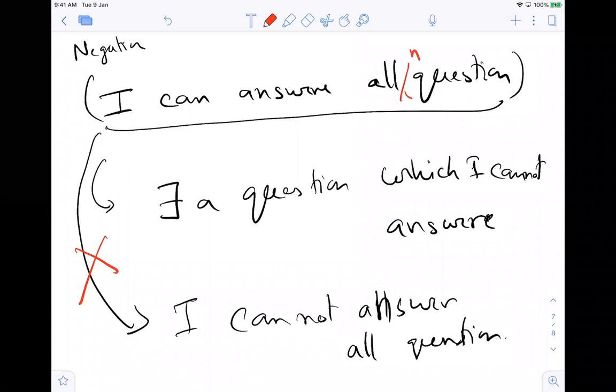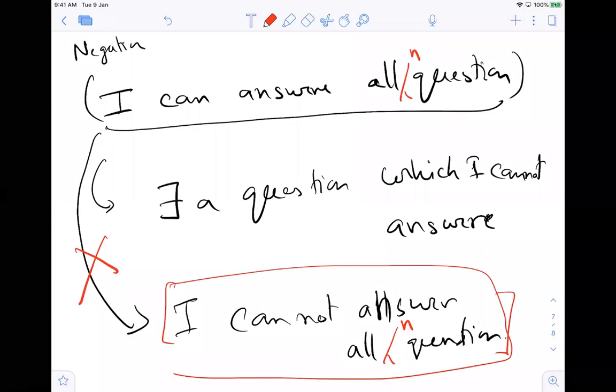If you say that I cannot answer all n questions, this possibly makes sense because this is like an English sentence, and this is basically the way in which the English language is set up, that it means this only.